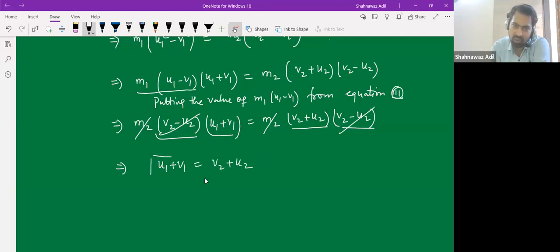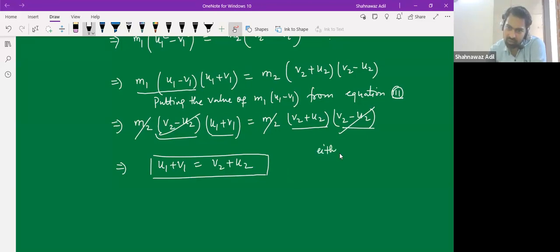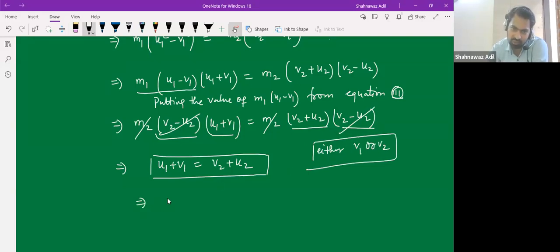So what was the goal of this calculation? The goal was that we had to find either v1 or v2. So now we can find out what v2 is from here. V2 would be u1 minus u2 plus v1.